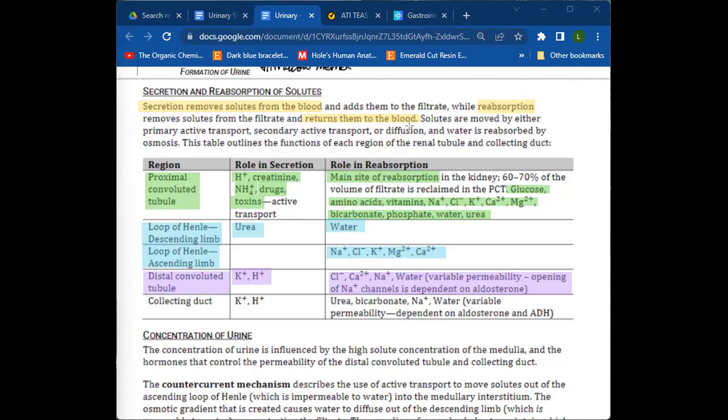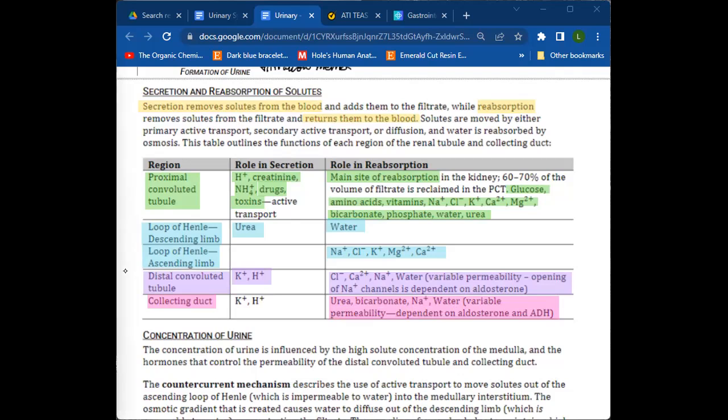Now for the collecting duct, we need to know that it's going to be putting urea, bicarbonate, and water back into the blood.